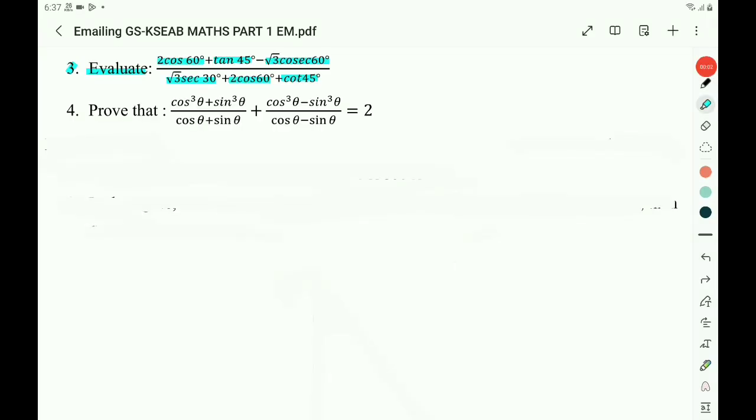Now you take the OR question of the same question. Here you have taken that as 4th question. Prove that cos cube theta plus sin cube theta by cos theta plus sin theta plus cos cube theta minus sin cube theta by cos theta minus sin theta equals 2. Take the LHS.